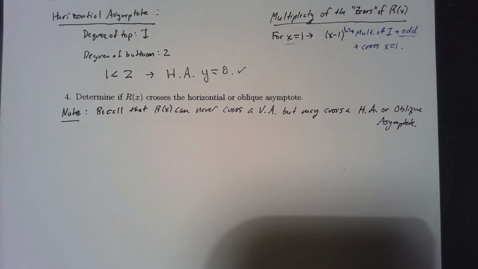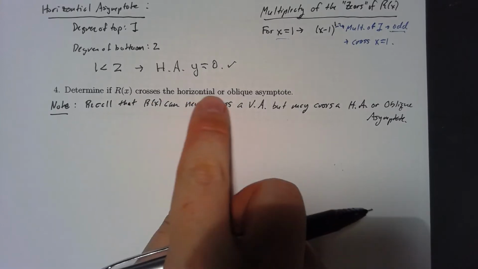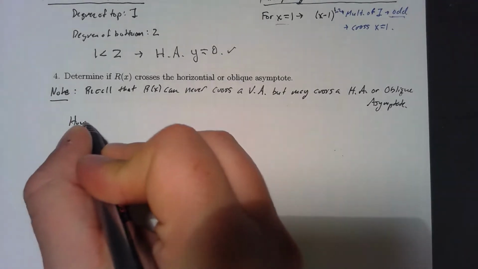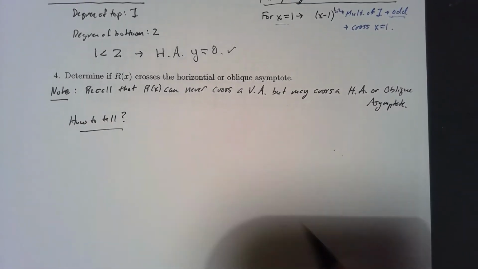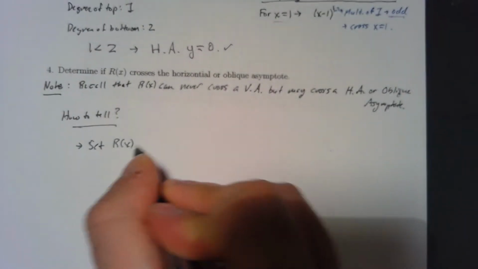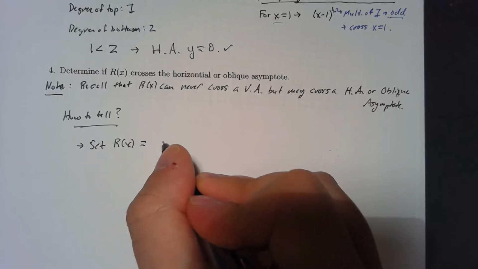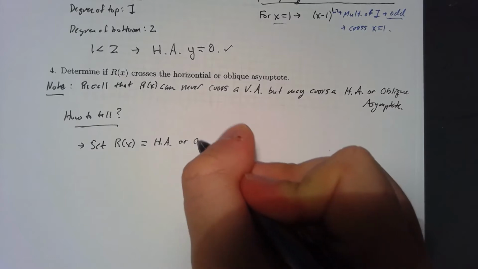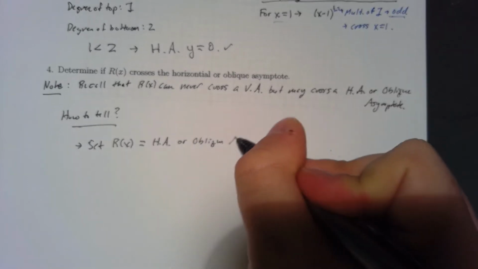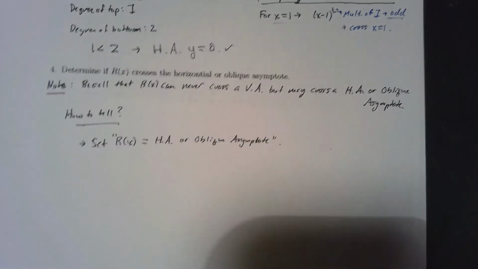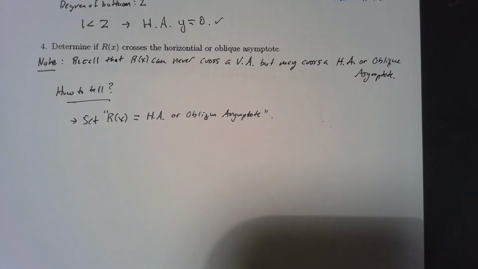So how do you determine if it crosses the horizontal or oblique asymptote? How to tell? Well, you just set r of x equal to the horizontal or oblique asymptote. That's all you got to do. If you get a value, then it indeed crosses it at that value.